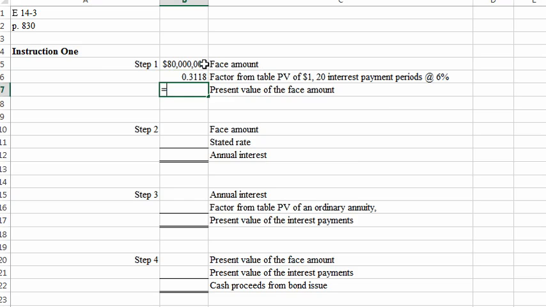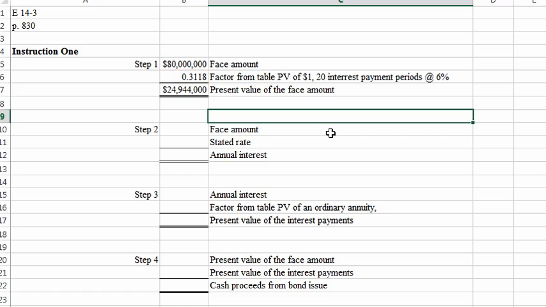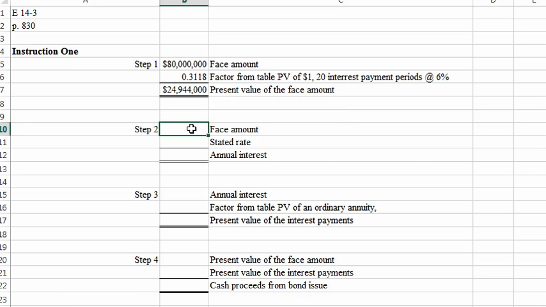Now we're going to multiply 80 million times the factor from our present value table. So the 80 million to be received 10 years from now with interest payable every 6 months at 6%. It's actually only worth $24,944,000 today.